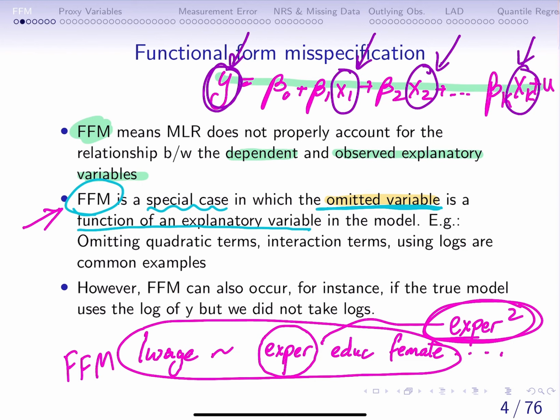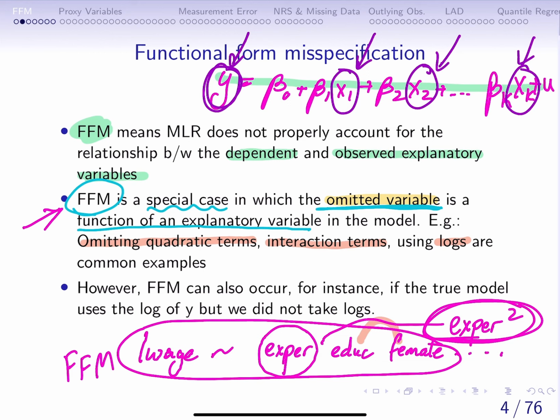So typically, functional form misspecification comprises omitting quadratic terms or interaction terms. Let's say you thought female and education needed to be interacted. If you're missing that, that could be telling of functional form misspecification. Or, when you're supposed to use logs and you don't, or maybe you're not supposed to use logs and you do.